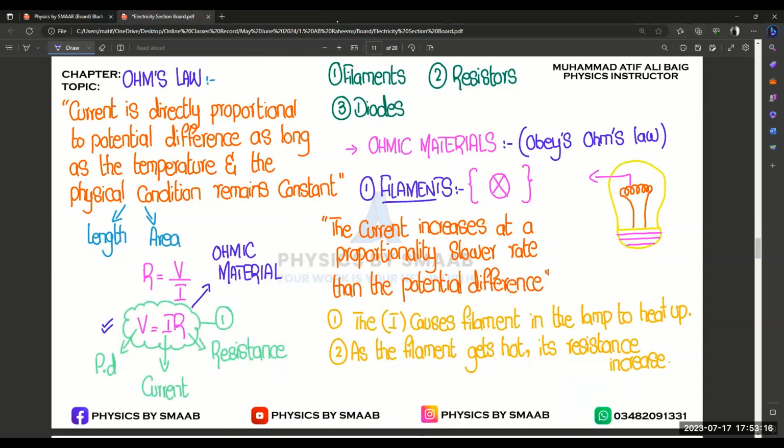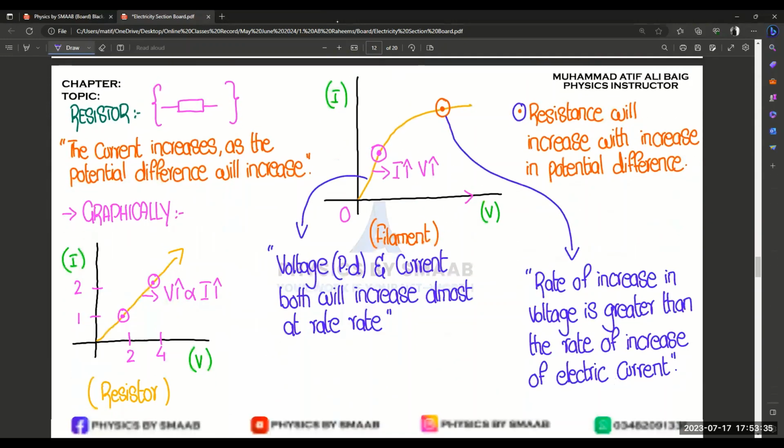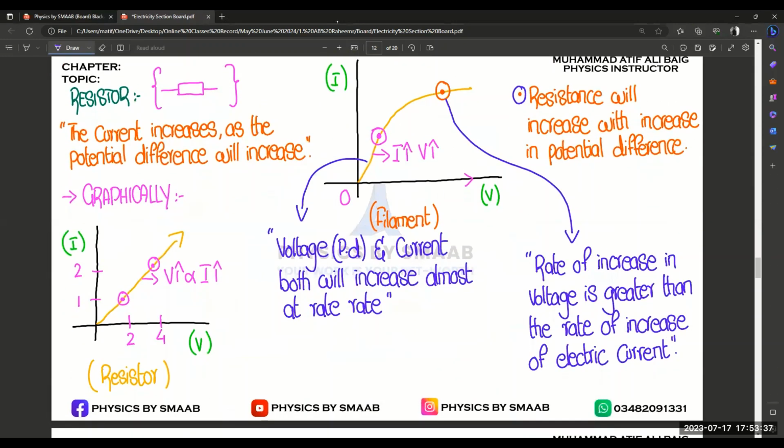Any confusion? Now is it clear? Basically, we discussed the thermistor and the filament, and all of these follow Ohm's law? No. You observe that the resistor's graph is a straight line, right?